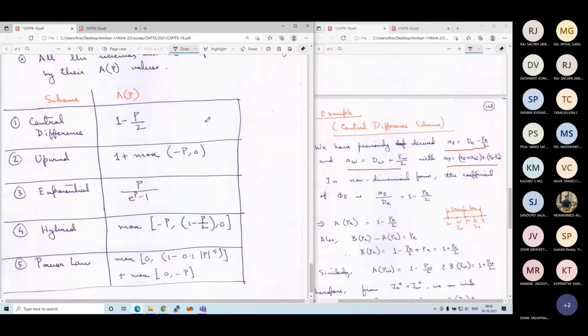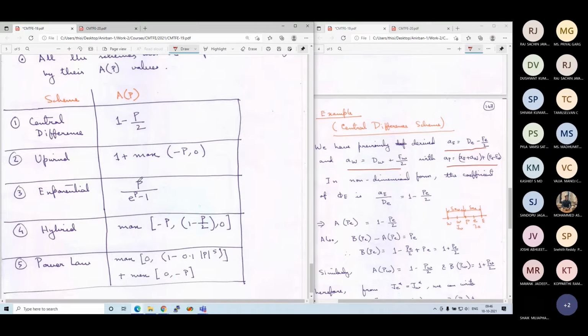I will not do it here; you can try it on your own. For any other scheme also, we can calculate the value of A. For the upwind scheme, it comes out as 1 plus maximum of minus P and 0. If you know A, then you can obviously calculate B from A.